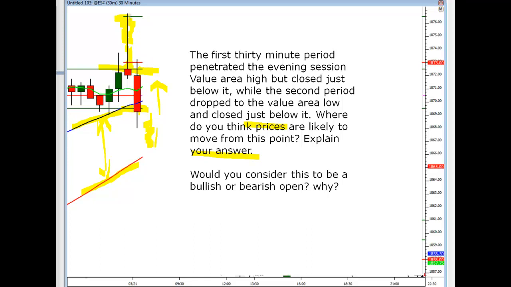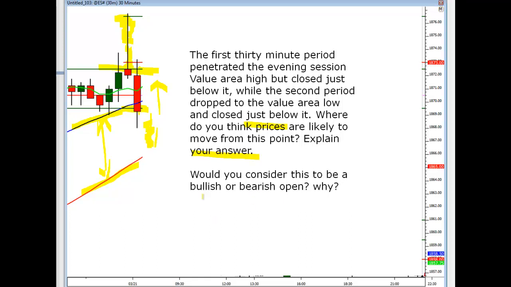Although the candlestick pattern that we see is a very negative one, more importantly, if you take a look at the overall picture of what's going on in the chart, there is a very good possibility we are probably going to move back higher for another retest of the value area high at minimum, and possibly even to try to see how much further we can penetrate into this area up here.